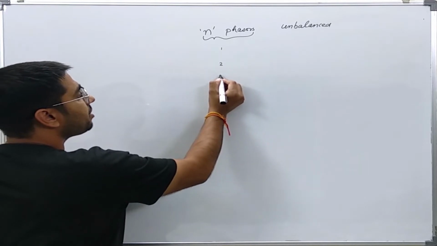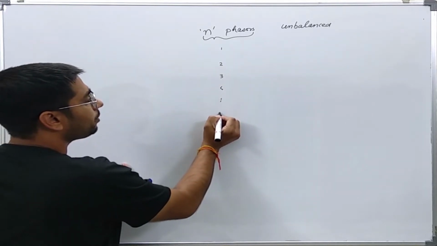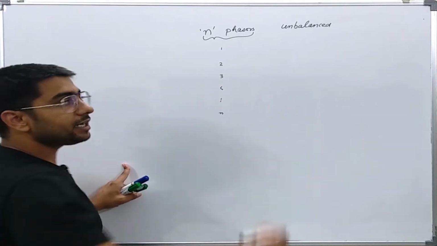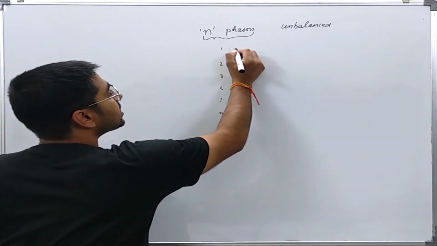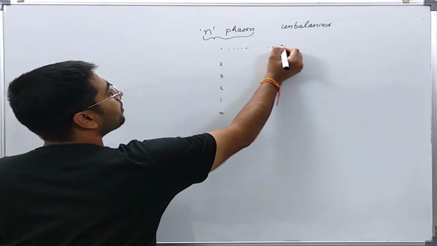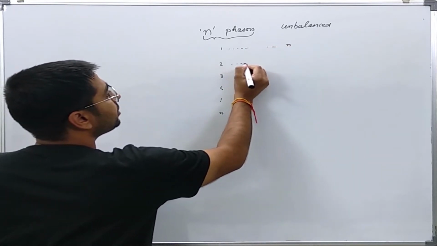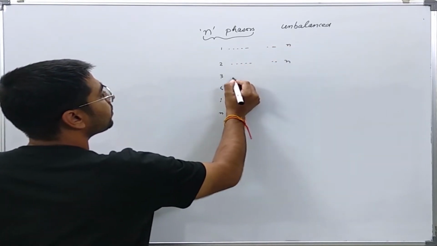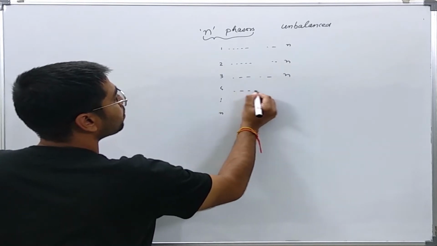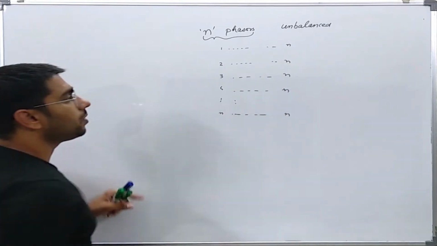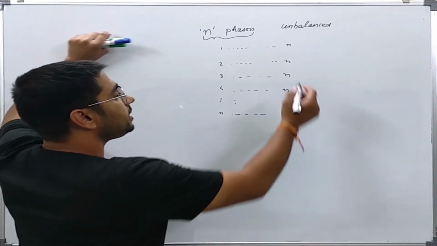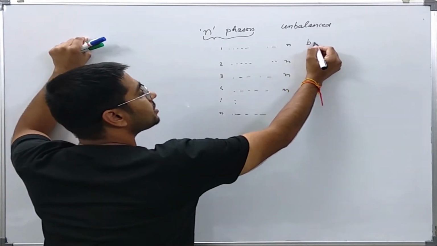Let us say set number 1, 2, 3, 4 up to n, and each set will have n number of phasors, that is 1, 2, 3, 4 up to n phasors in each set. And each set will be balanced.